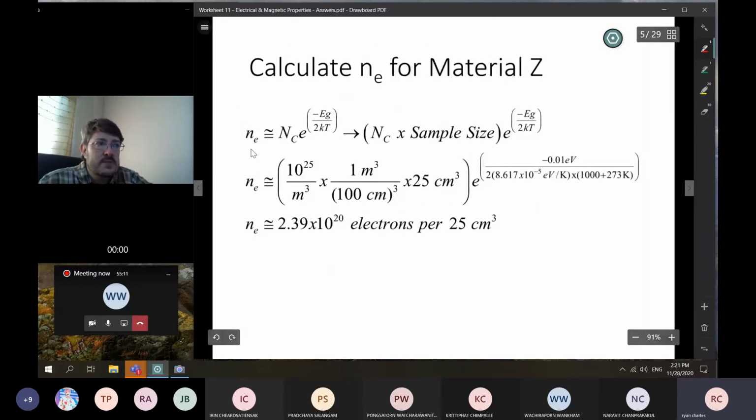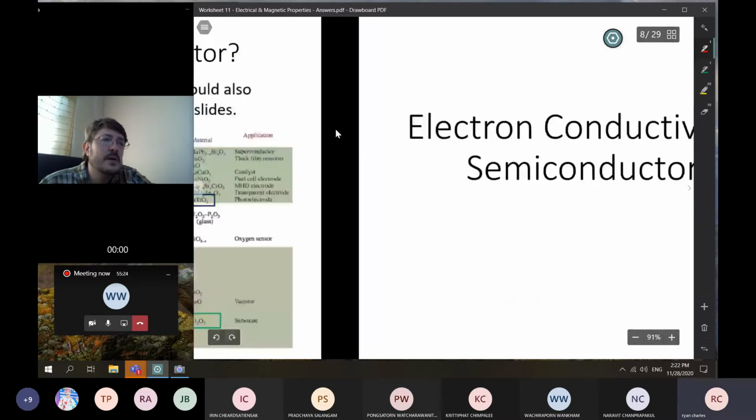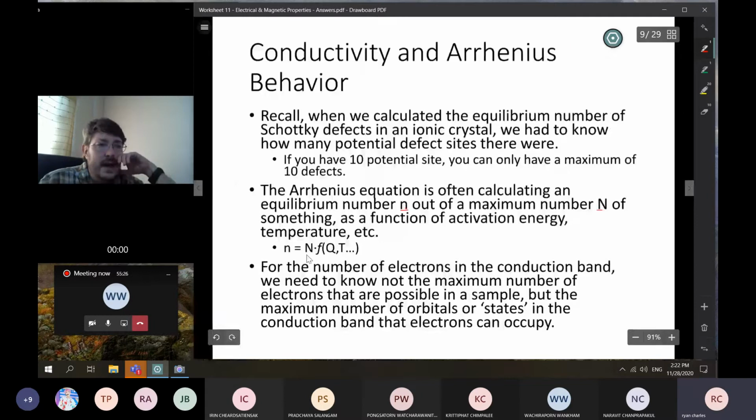We're calculating some equilibrium value based on the theoretical maximum, modified by something like an activation energy and temperature. So n equals uppercase N as a function of something like activation energy and temperature.